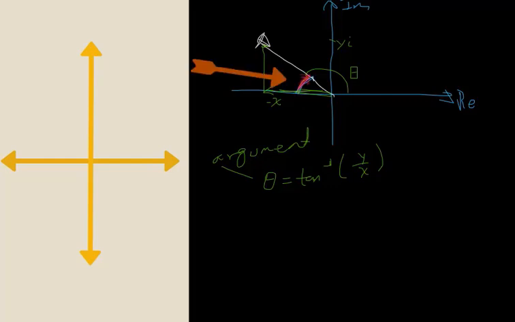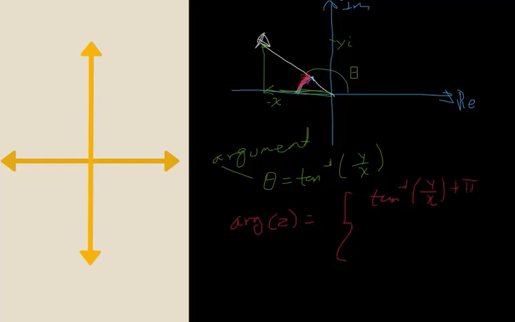So in order to find that, the principal argument of z, you have to subtract from, there are two ways of course to consider here. It should be tan inverse of y over x plus pi, or pi plus tan inverse of y over x.